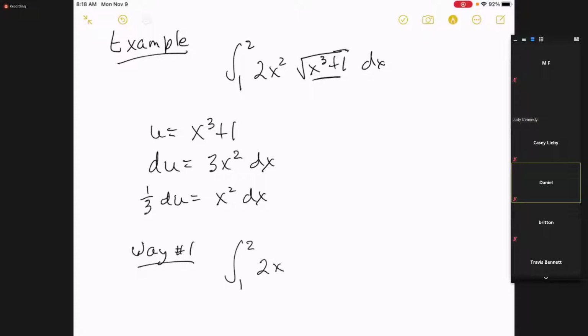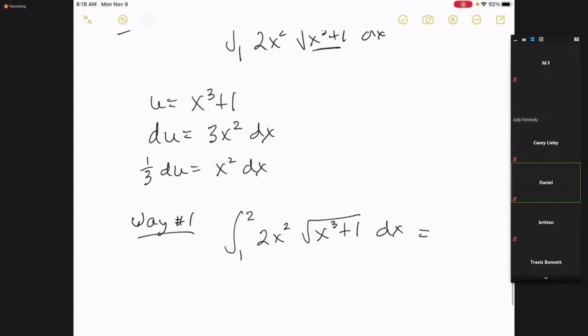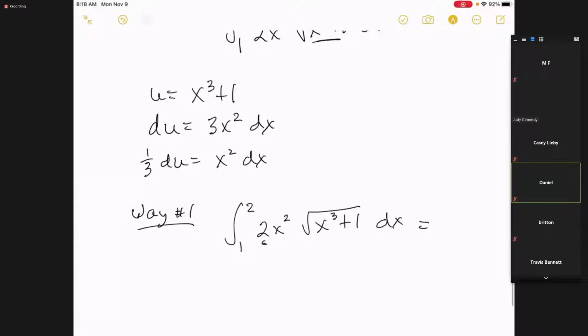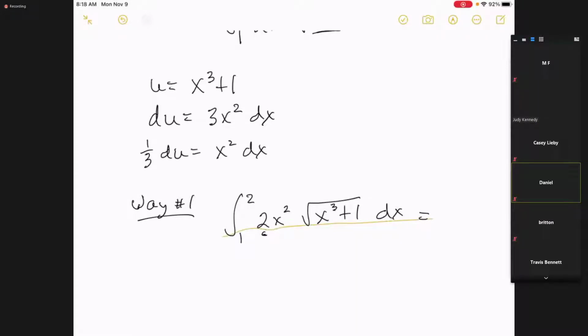Okay, so here's my original problem. That 2, I'm going to pull that 2 out. So 2 times the integral from 1 to 2 of x squared times the square root of x cubed plus 1 dx.